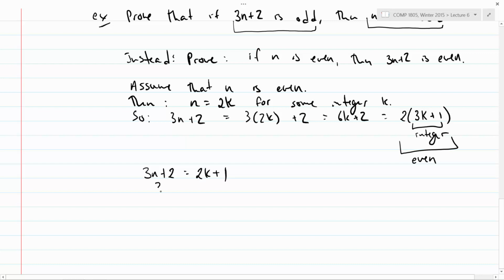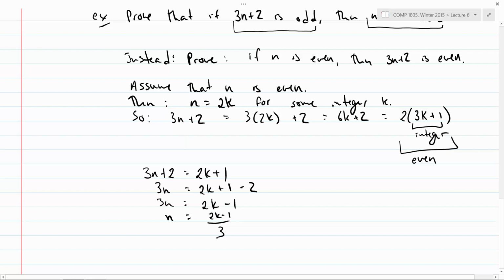Okay, so 3n is equal to 2k plus 1 minus 2. And that's the same as 2k minus 1. And n is equal to (2k minus 1) over 3.